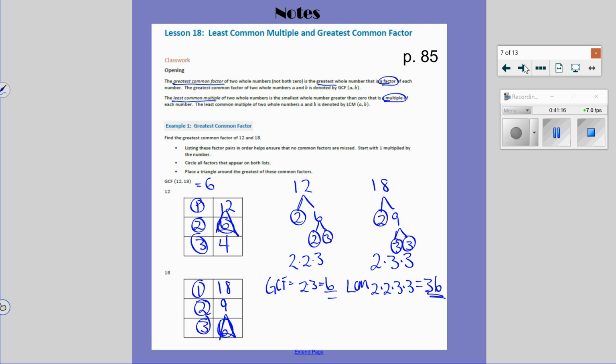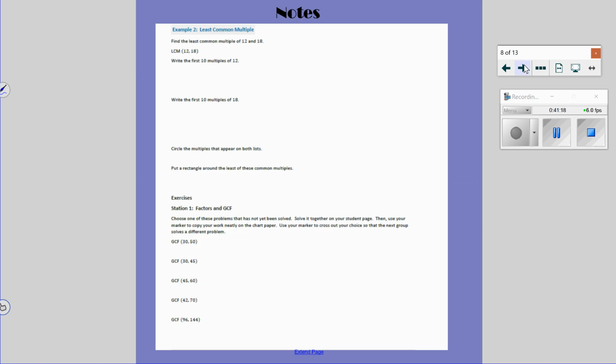But let's take a step back to elementary school again. Not kindergarten, kindergarten wouldn't get this advanced. Here is your elementary method for finding the least common multiple. I take my number and list the first 10 multiples of that number.